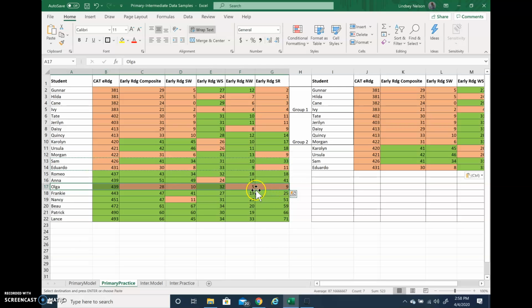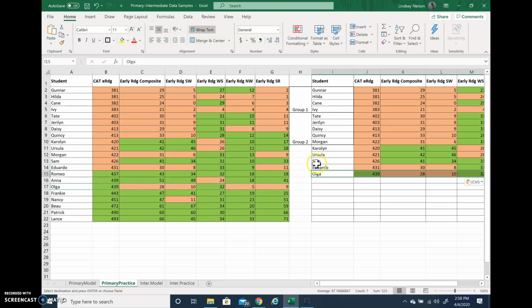In fact, some of these scores are quite low, and I feel that if I would leave Olga to that top remaining group 4, it could pose quite a challenge for her. So instead, I'm going to add her into group 3.